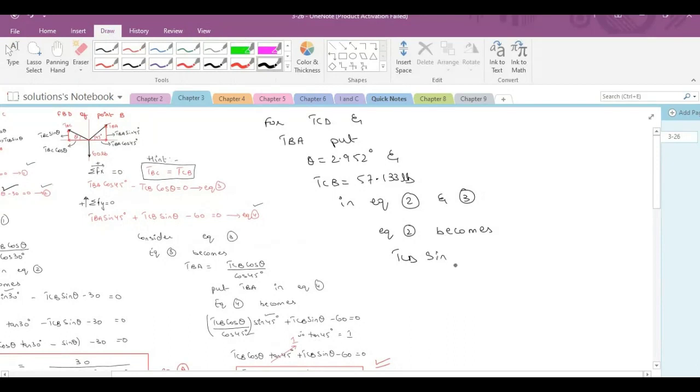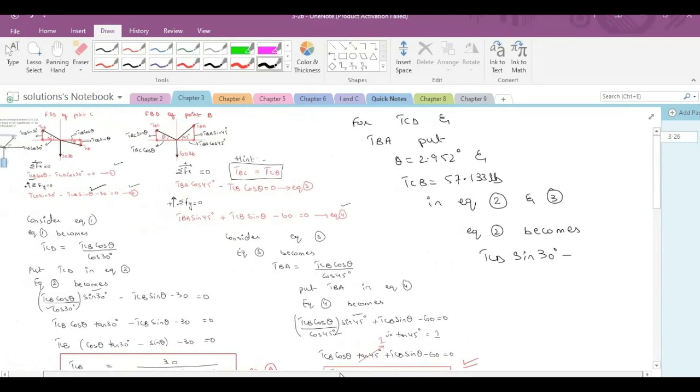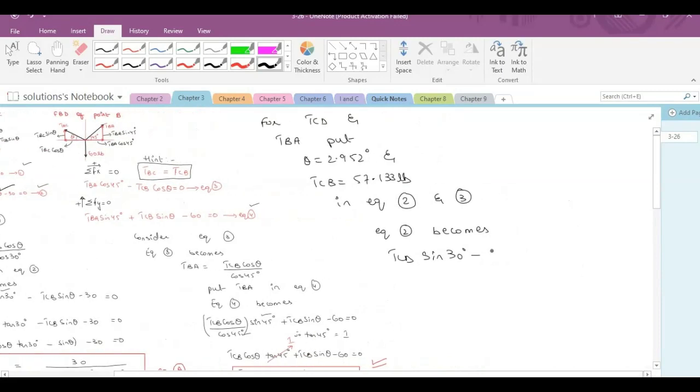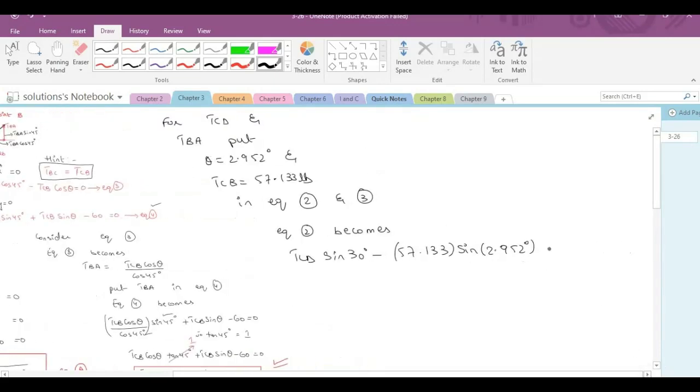TCD sine 30 minus, now in place of TCB, I have the value, that's 57.133 multiplied by sine 2.952 degrees minus 30 equals to 0.